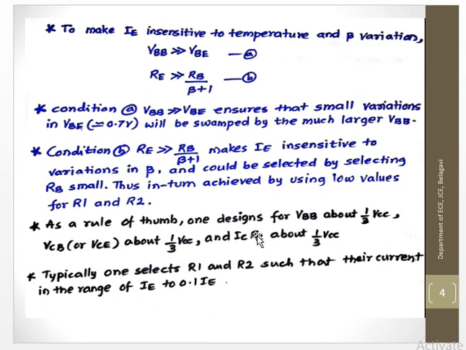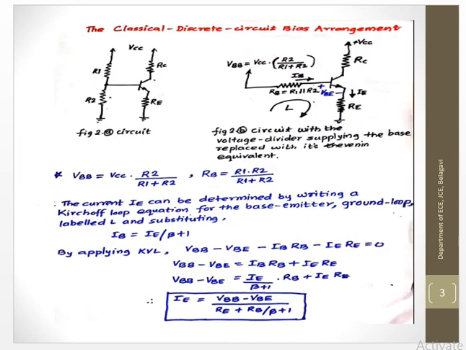As a rule of thumb, one designs for VBB about one third of VCC, VCB or VCE about one third of VCC, and ICRC about one third of VCC. If you observe the circuit, VBB lies here, at the VBB point.